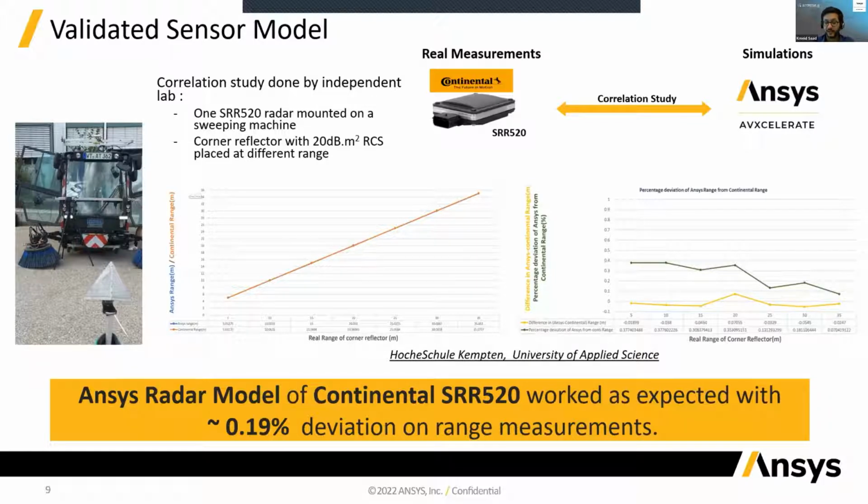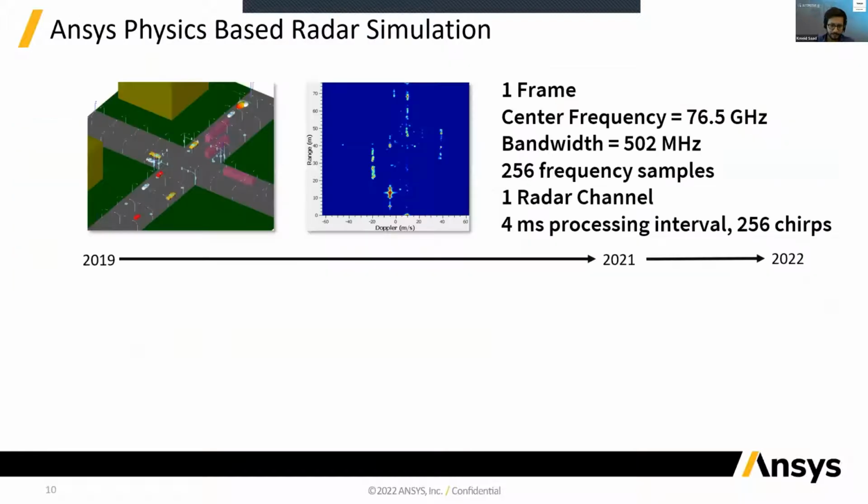These correlation studies have so far shown a 0.19% deviation, almost close to nothing, when comparing range returns. So in this scenario, we replicated a real scenario inside our virtual world and then tested that.